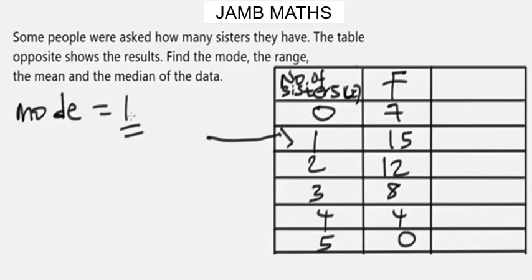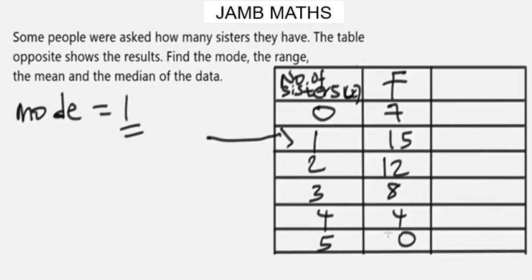Now the range is the highest value minus the lowest value. Here the range will be 4. The highest value here is 4. You will not use 5 here because for the 5 we have here, the frequency is 0, so no one has 5 sisters.